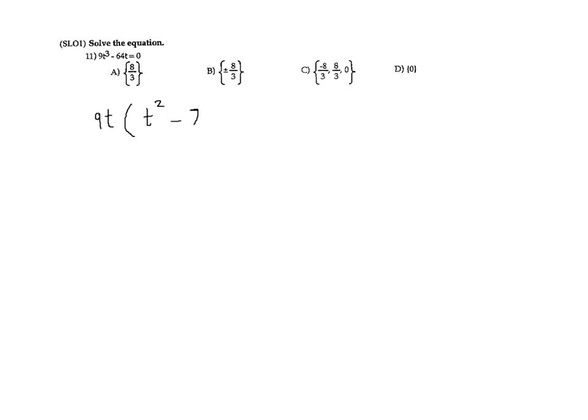And then I can close the parentheses equal to 0. Can I factor this even more? What is 9 times 7? 63. So it's not 7, right?